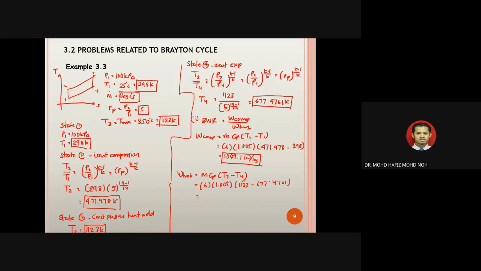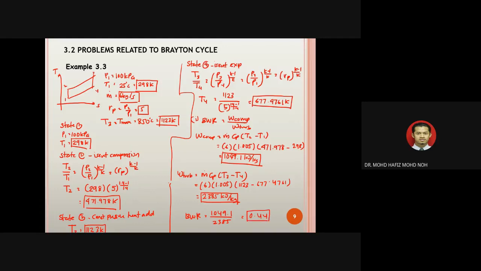Then you get the value of W turbine equal to 2385 kilojoule per kg. And then the back work ratio you can calculate as 1049.1 divided by 2385. Then you get the back work ratio equal to 0.44.